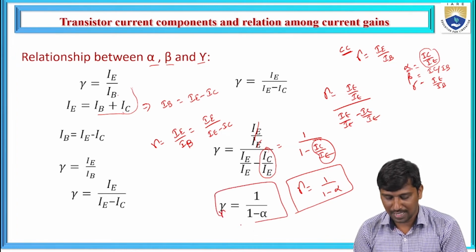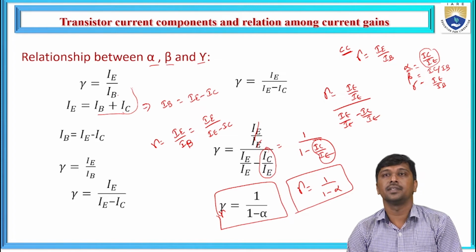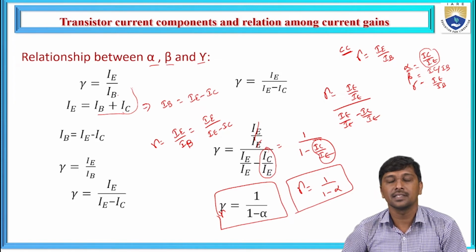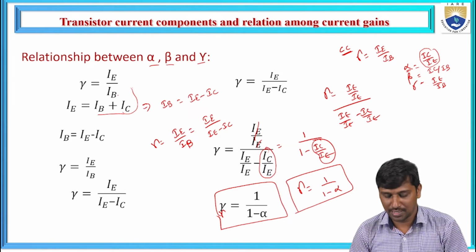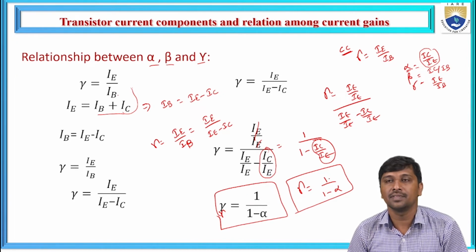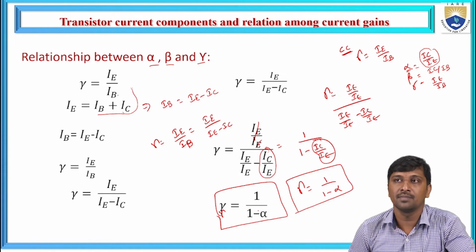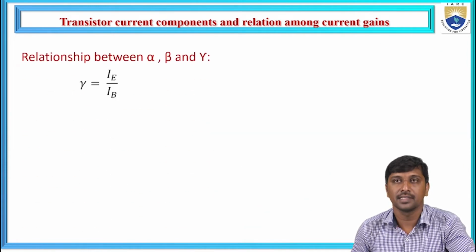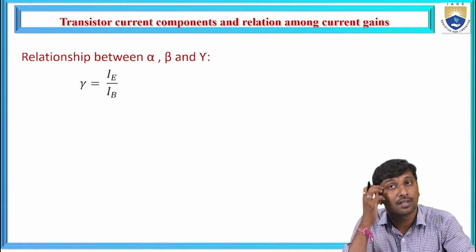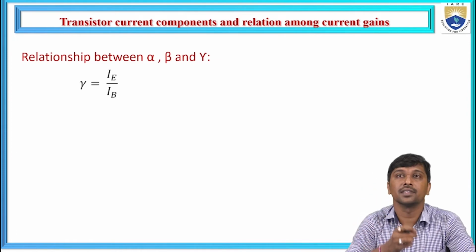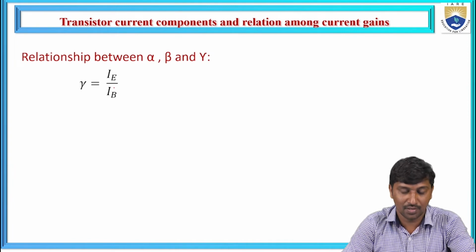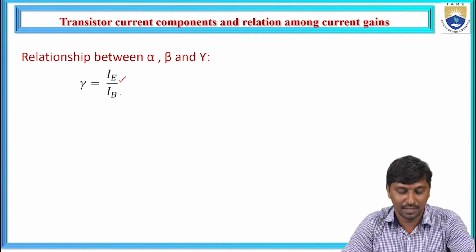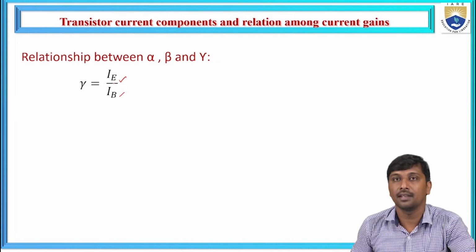Now if you want to express gamma in terms of beta, this was the expression for gamma in terms of alpha. Again I take the same relation, the current gain of the common collector configuration. The output current is the emitter current and the input current is the base current.